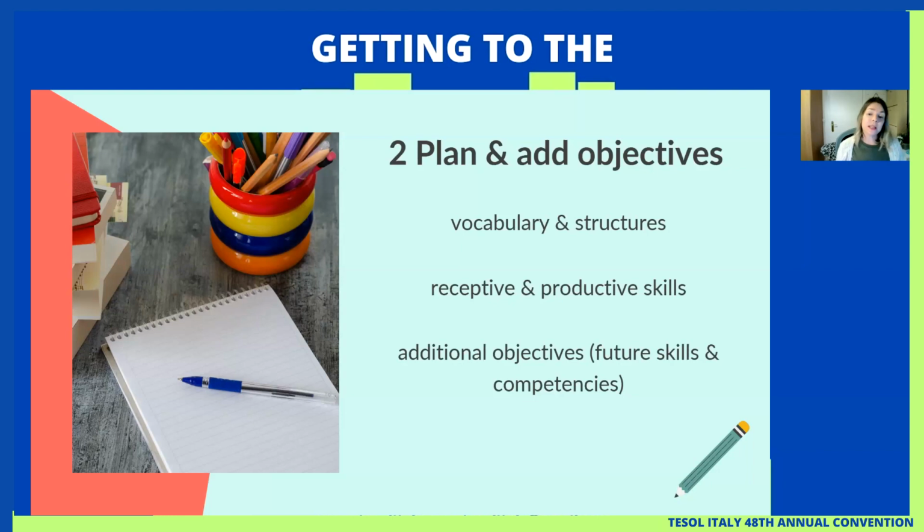For example, sub-skills such as skimming and scanning for reading and identifying the main ideas. And then also other objectives, things like pronunciation. Again, with pronunciation, I think it's nice to focus on things that come up when you're teaching some of the new vocabulary. And also competencies and future skills, you could also add those into your objectives.